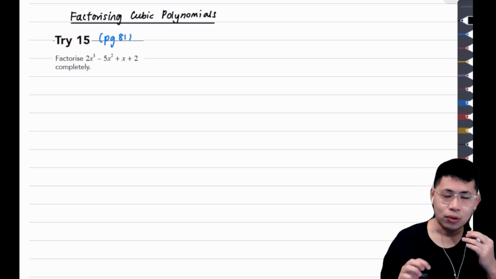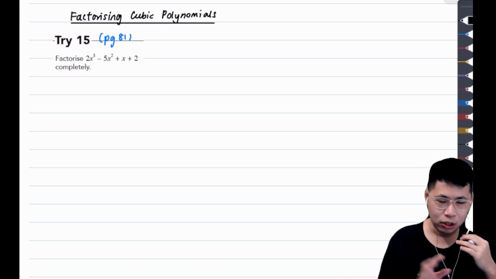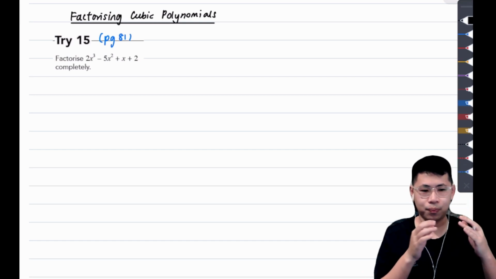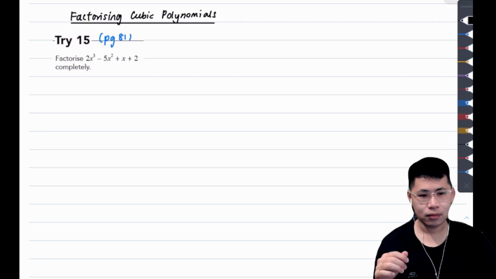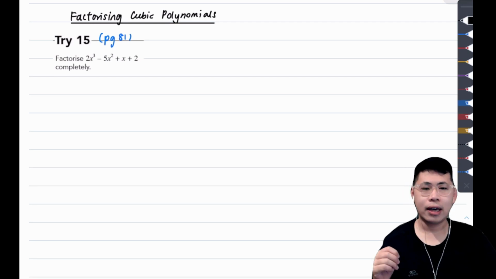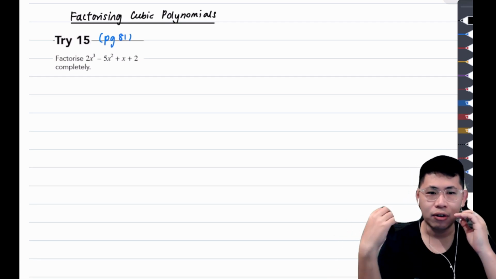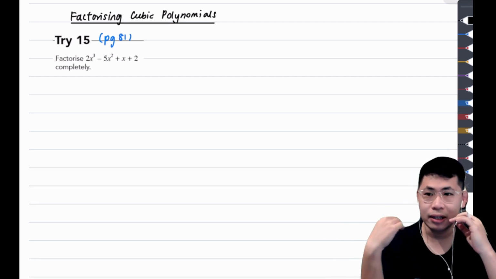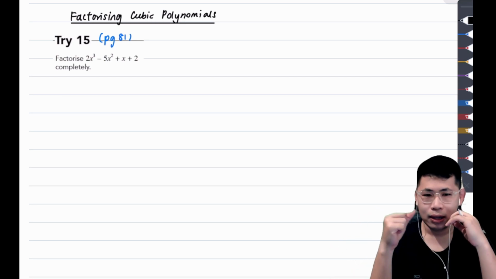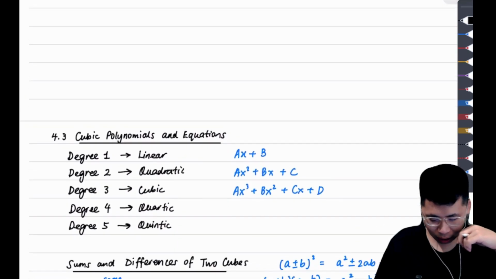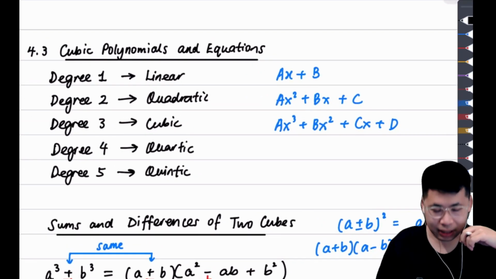So the next part over here, we are going to factorize our cubic polynomial, which is our next skill. Now let us go back briefly to our list of polynomials.